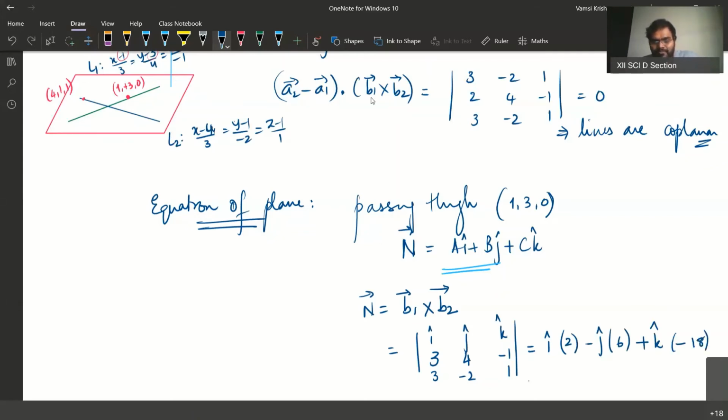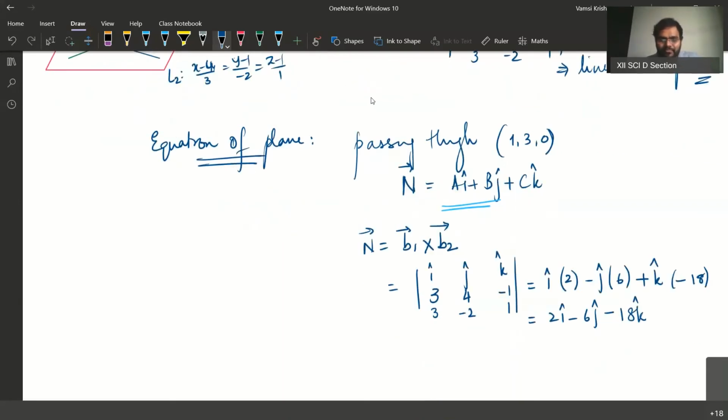So this is 2i minus 6j minus 18k, and this is our normal vector. So A, B, C, the normal to the plane, are 2, minus 6 and minus 18.